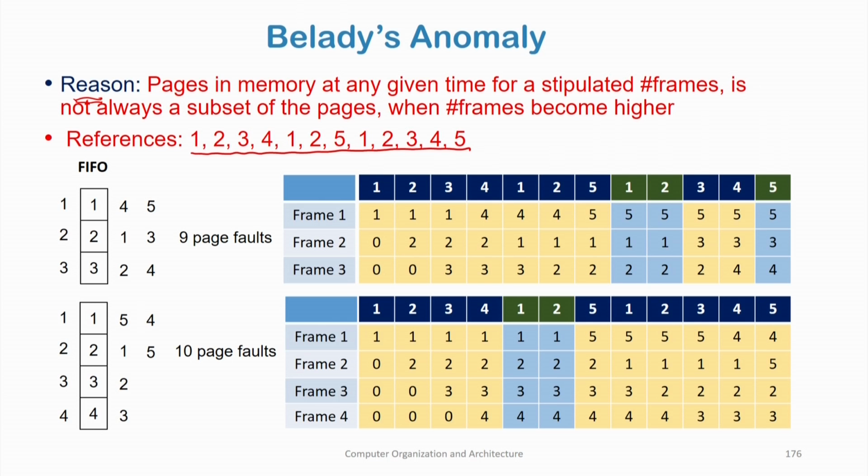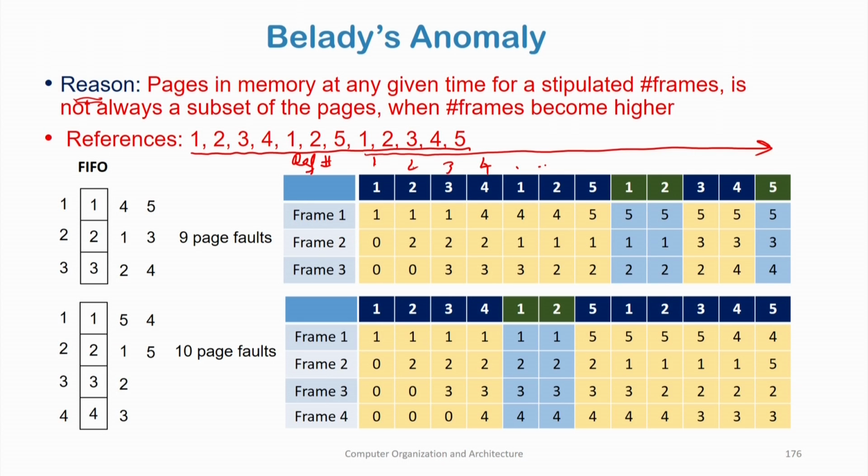So, this is the set of memory references shown here: 1, 2, 3, 4, 1, 2, 5, 1, 2, 3, 4, 5. Now, this one is time 0, time 1, time 2, first reference, second reference, third reference, fourth reference, like this it progresses.